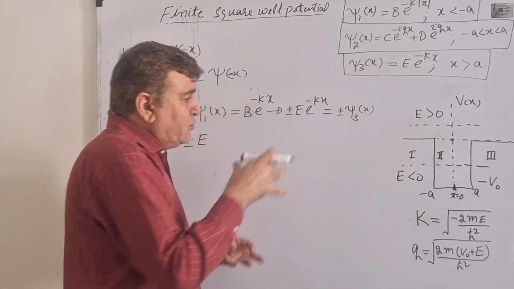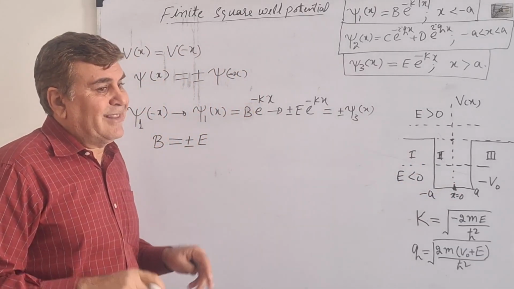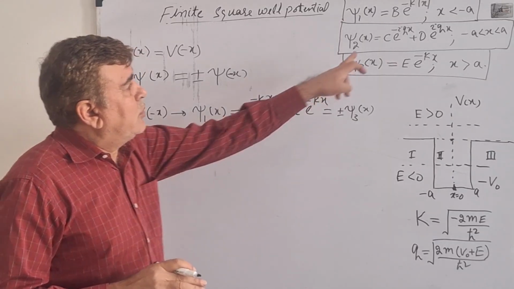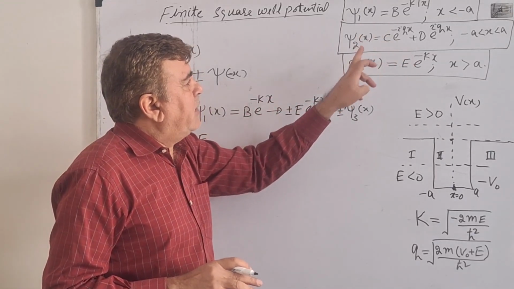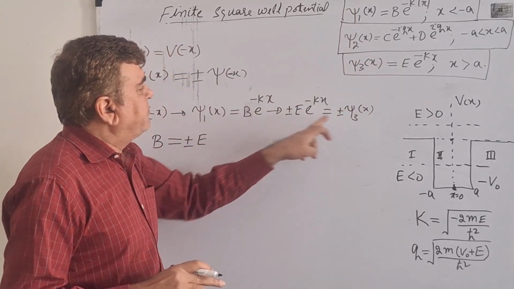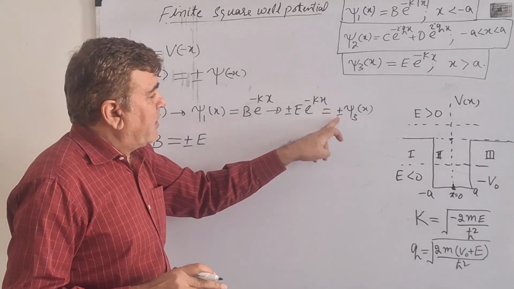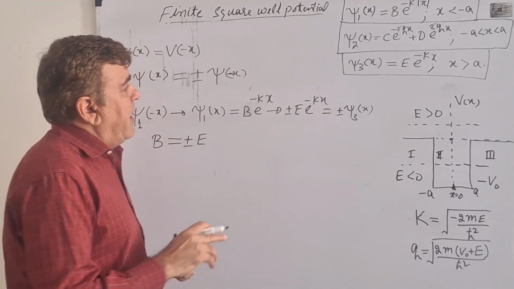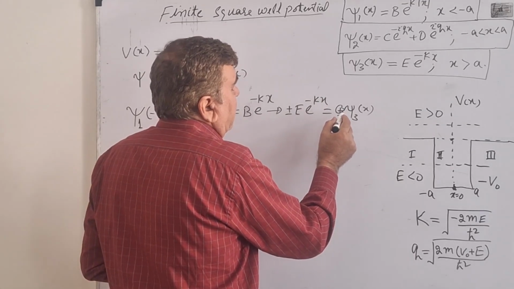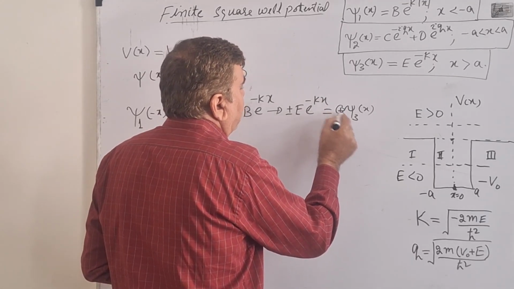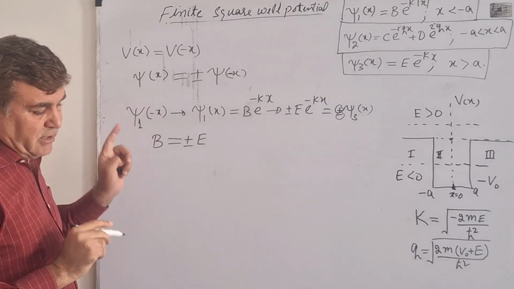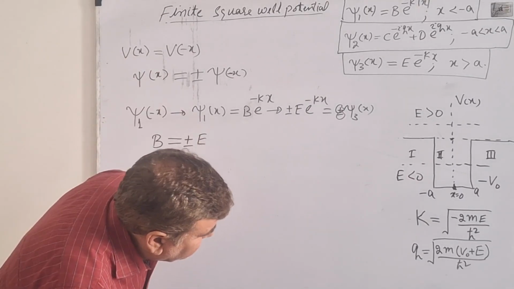That's why we want to put this wave function as well into definite parity. So these two wave functions with this substitution are now functions of definite parity, and we see that for positive value it has even parity, and for negative value it has odd parity. So this wave function is both even and odd for plus and minus value.